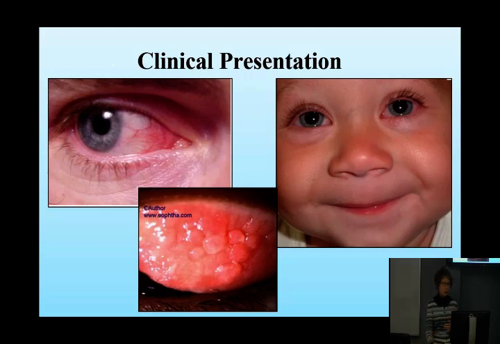This picture, lower picture down here, is if you invert the eyelid, turn the eyelid inside out, people with allergies normally will have blisters on the undersides of their eyelids. And you can simply take a Q-tip to invert the eyelid and take a quick peek underneath there, and you'll usually see a bunch of little bumps under there.